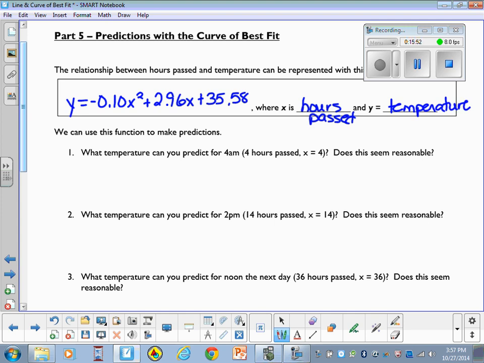Now that I have the equation, let's predict for 4 a.m. So I'm going to replace x with 4. Make sure you're using parentheses when you substitute.